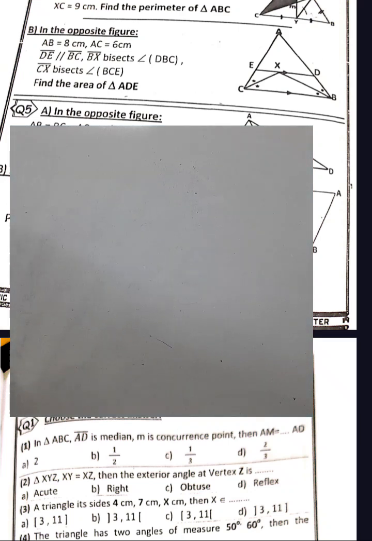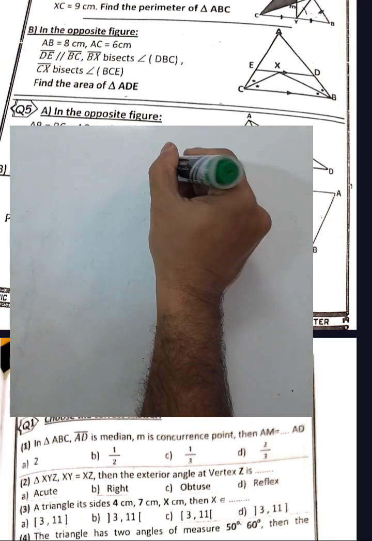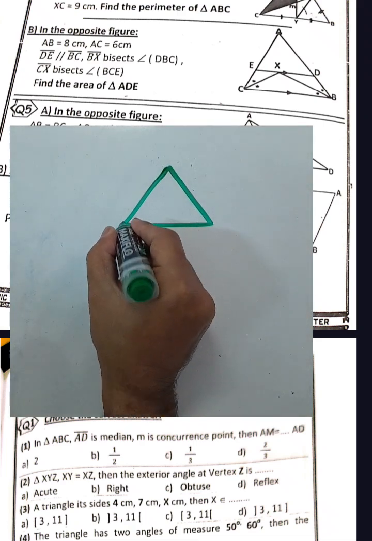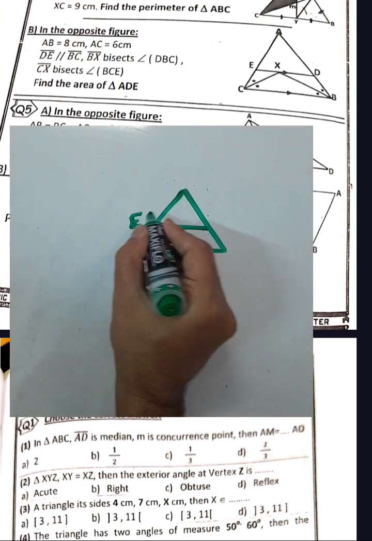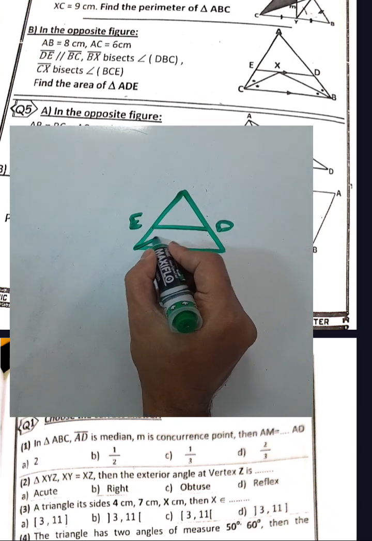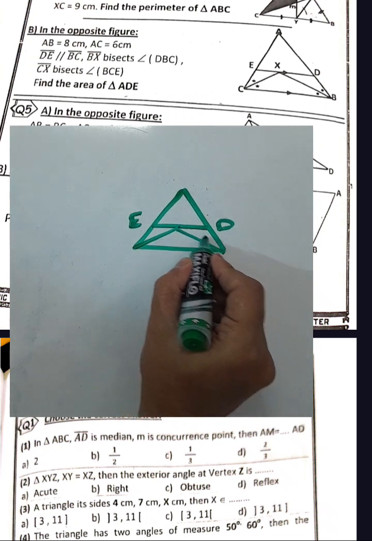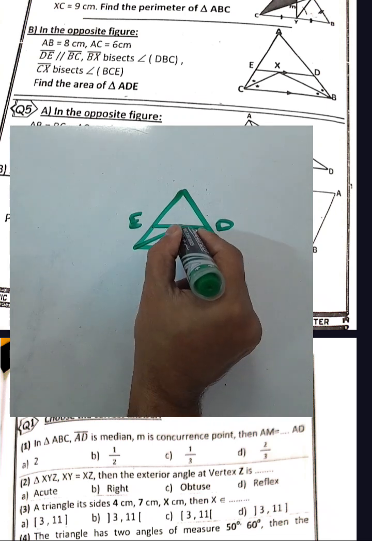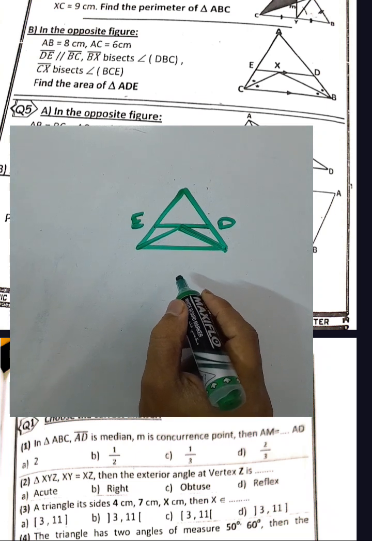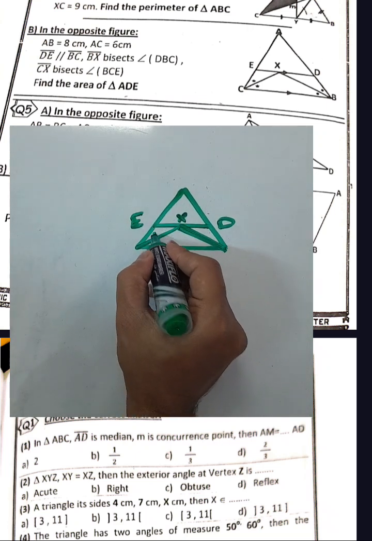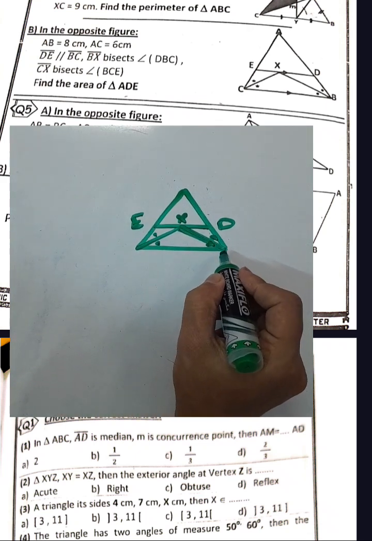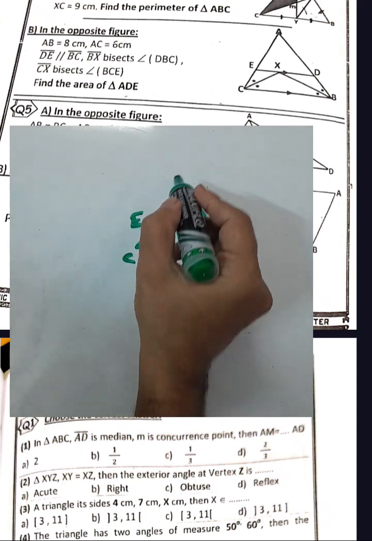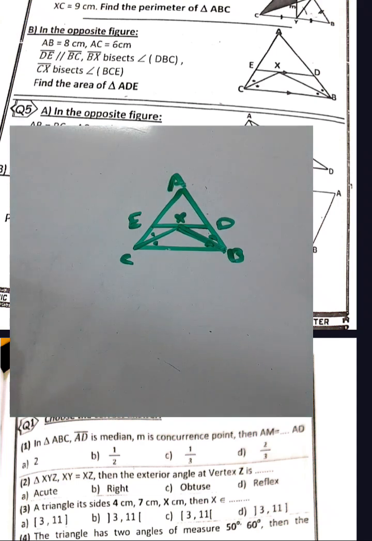We have triangle ABC and this point X bisects angles here, and this bisects two angles, equality about angle B and C, and we have here A. You want to find the area of triangle ADE.